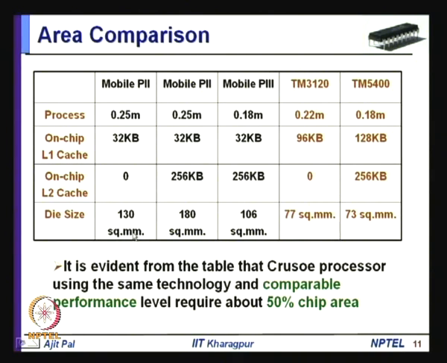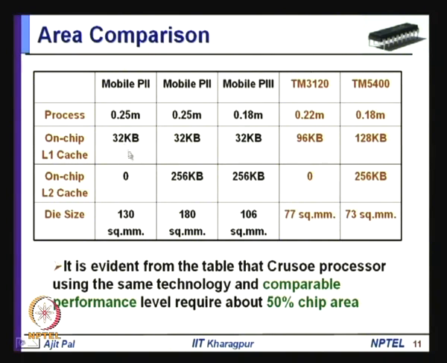So, here we have made comparison of several processors, some of them are Pentium, which are in black color, mobile Pentium 2, mobile Pentium 3, these are all Pentium processors, and you can see the process technology that have been used are given here: 0.25 micron for mobile Pentium 2, mobile Pentium 3 0.25 micron, and mobile Pentium 3 0.18 micron.